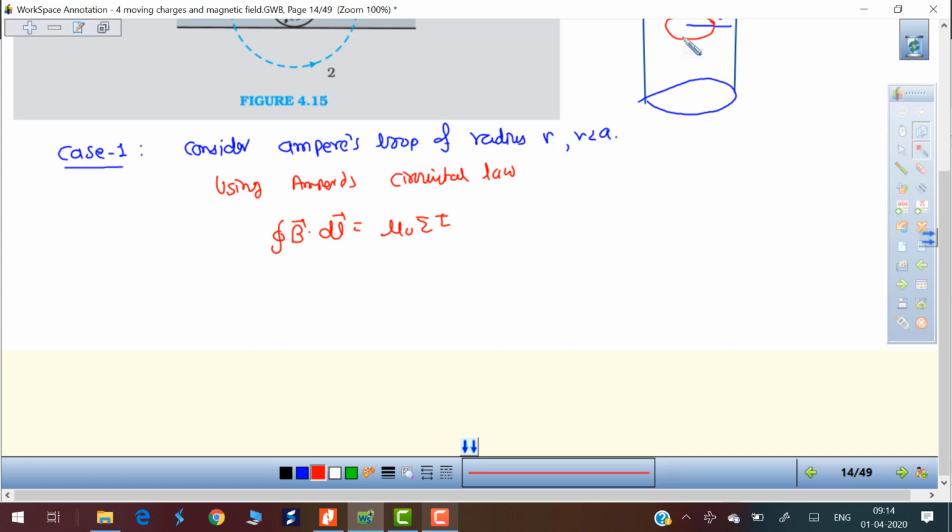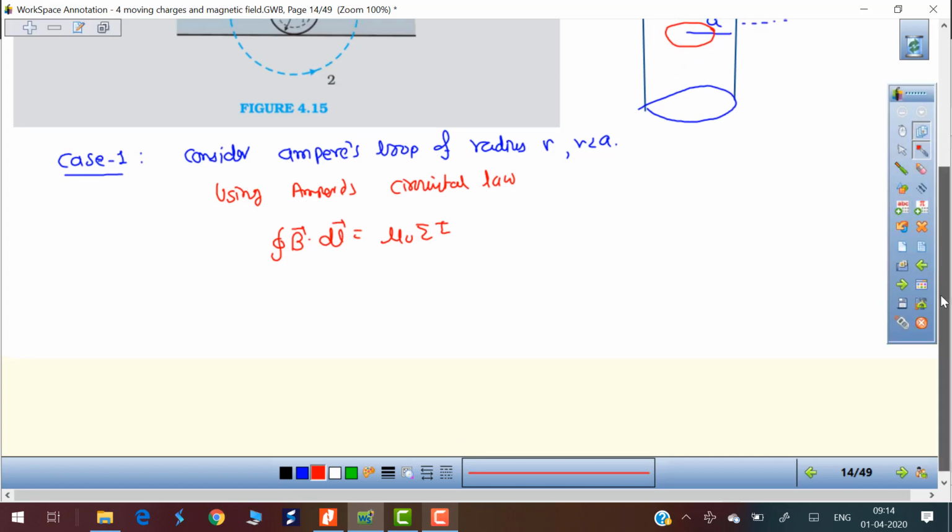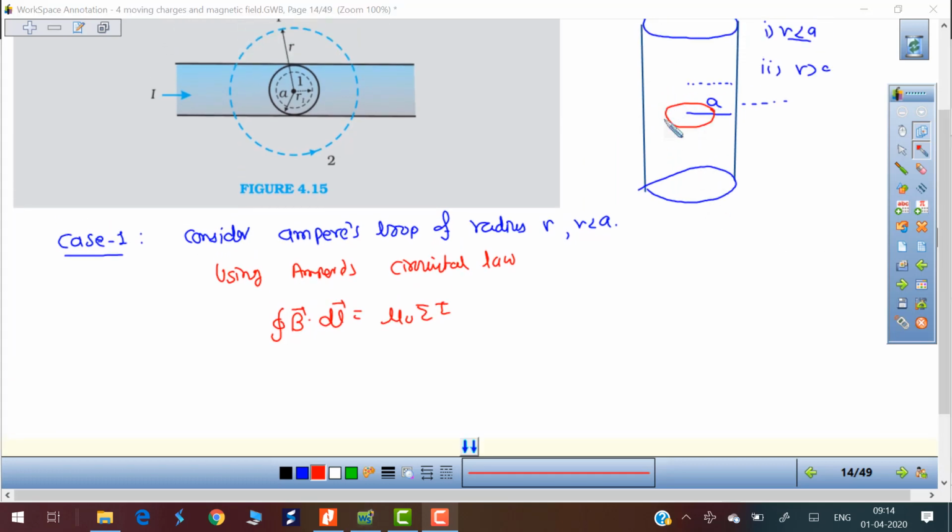Now looking at symmetry, B is constant. You can take here or there. B is constant at all points, so we can take it outside. Second thing, B is in the direction of dl. So B dl cos theta, theta is 0 degrees for each point. So cos 0 is 1.